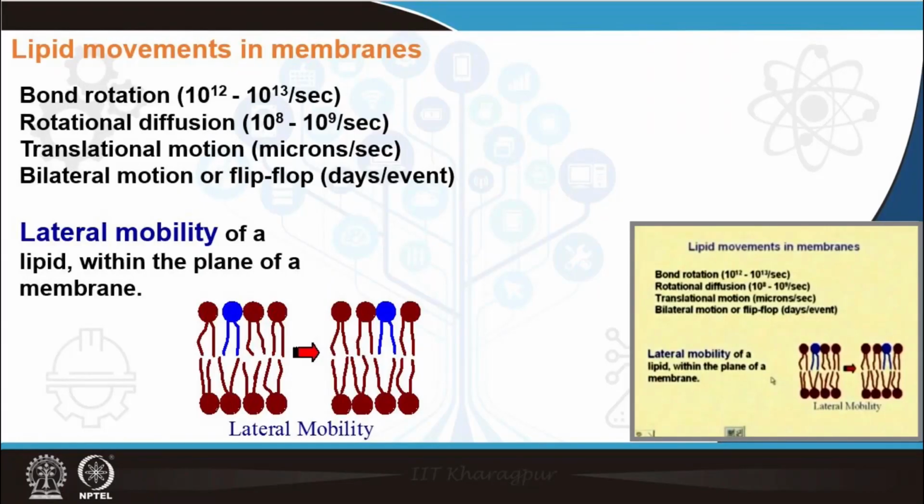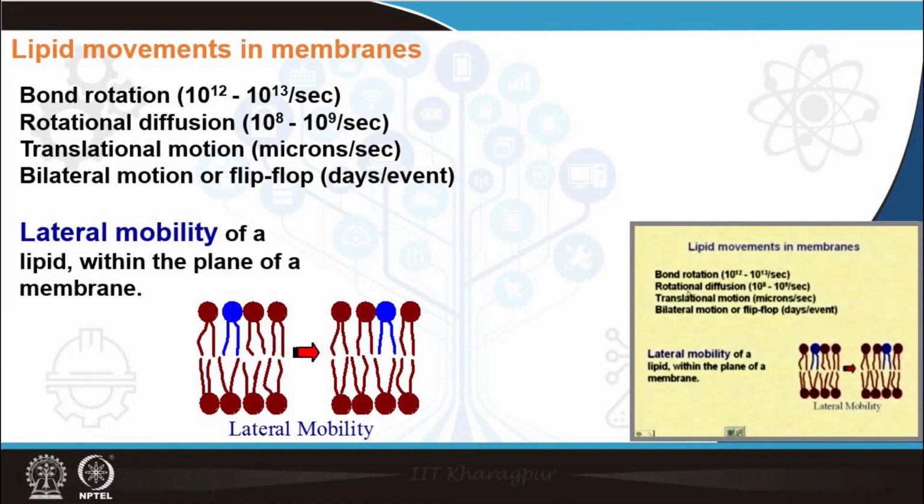Okay. Now, if we look at the times, so we are going to have these lipid movements. These lipid movements are actually what are causing some disruption and some specific features of the membranes. Now, if we look at lipid movements in membranes, bond rotations occur at this level, 10 to the 12 to 10 to the 13 per second.